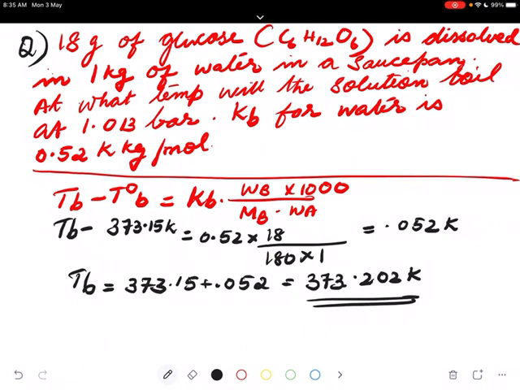This is TB, a slightly higher temperature as compared to T naught B. Now, next question.